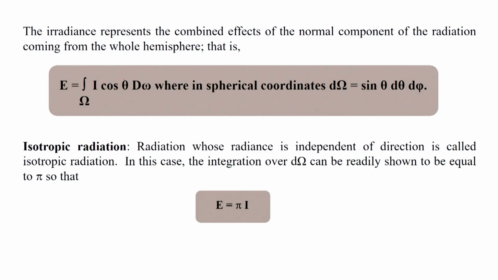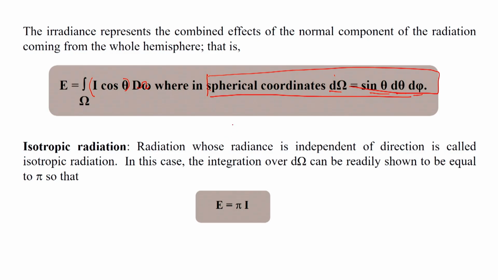It will be I cos theta d omega, where d omega is sin theta d theta d phi. So this is in spherical coordinates. This is a little bit complicated. You have to understand some of the mathematics here, but I think it's not very important to remember all that mathematics or do the calculation.